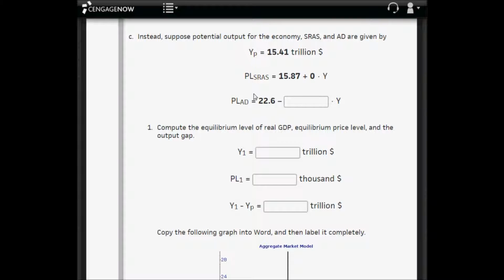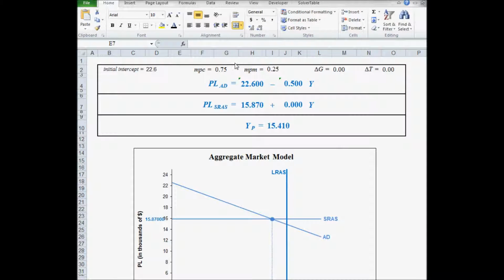In scenario C, the short-run aggregate supply curve is now perfectly elastic, with an intercept of 15.87 and a slope of 0. These numbers have all been copied into the spreadsheet that we've been using for problems 4 and 5. So in the spreadsheet, I've just changed the intercept to 15.87 and the slope to 0, and you can see that the short-run aggregate supply curve is perfectly elastic.